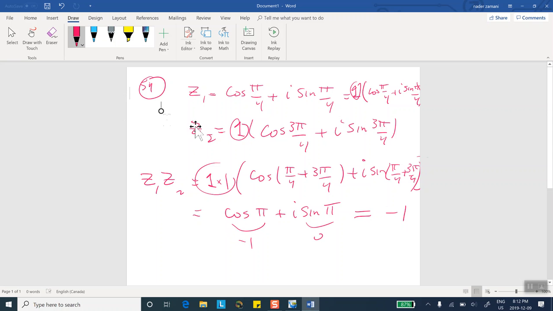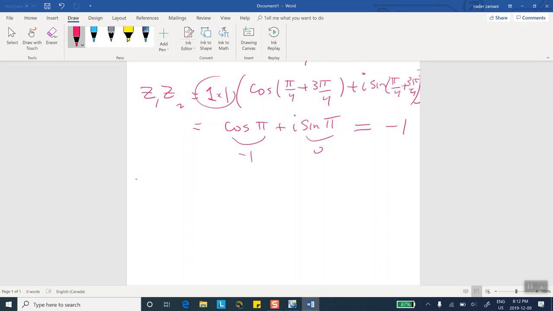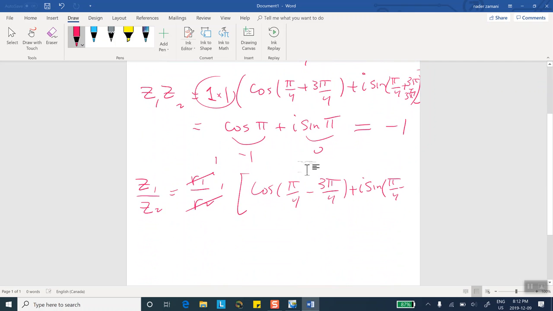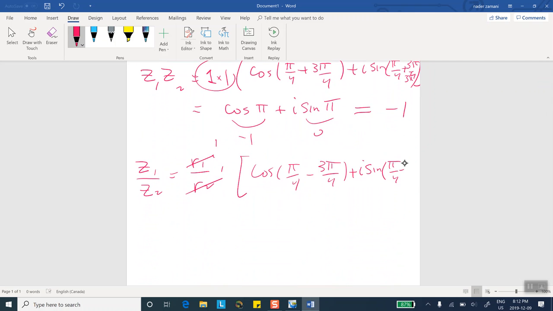Okay? And the last thing is z1 over z2. So you get r1 over r2, which incidentally both of them are 1. And then we have cosine of pi over 4, subtract the argument, minus 3 pi over 4, plus i sine of pi over 4 minus 3 pi over 4.